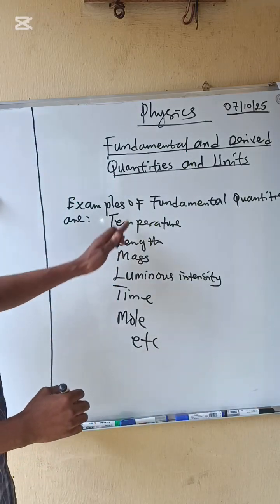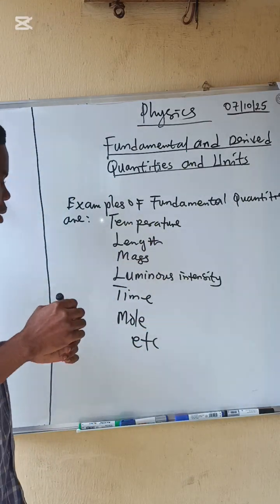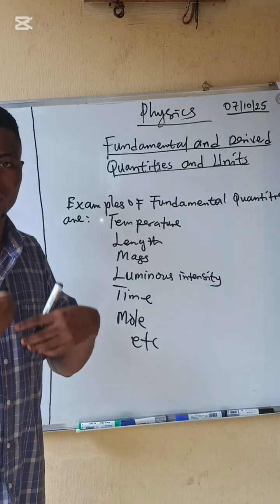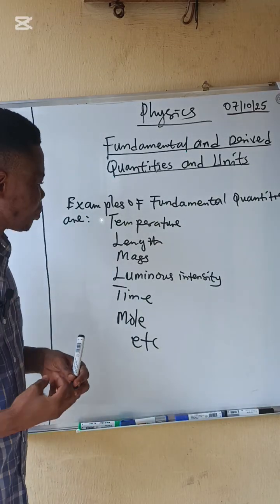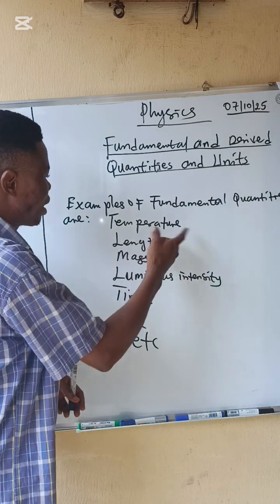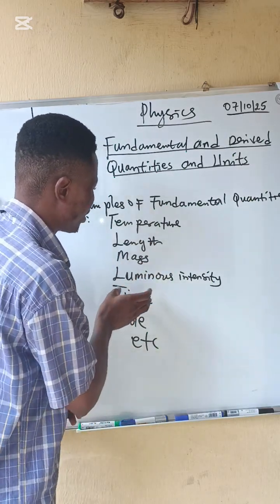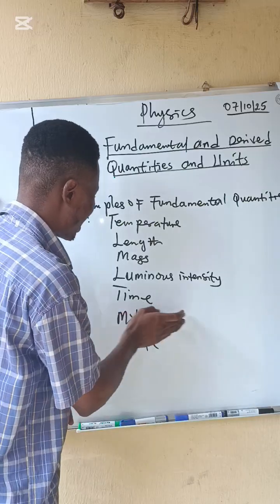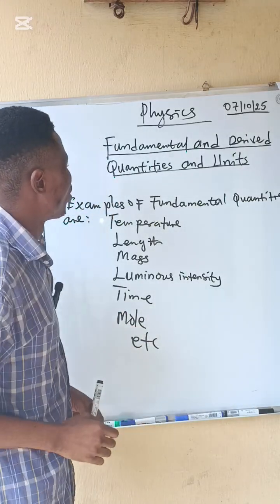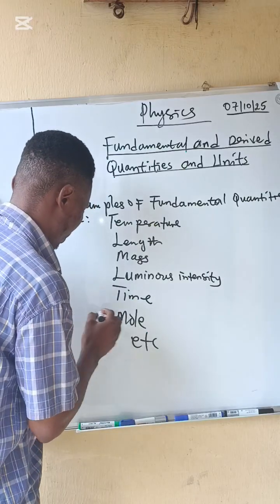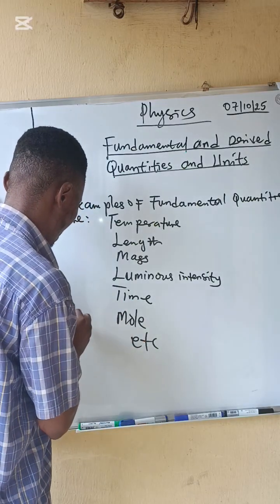So these are the fundamental quantities because they do not depend on other quantities for their existence. So we have the length, the mass, the luminous intensity, the time, and the mole, which is the amount of substance.